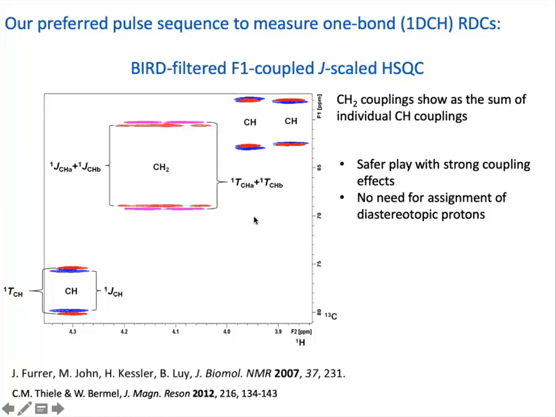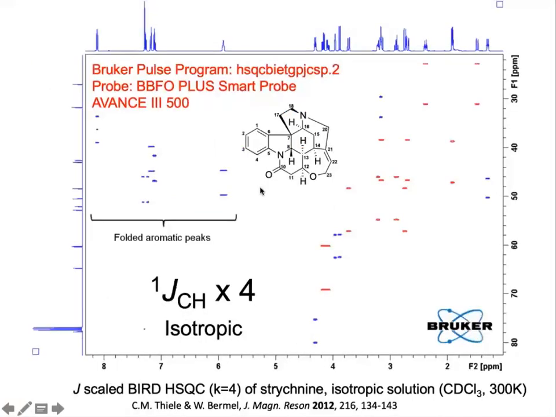This is how we do it, and also we use the BIRD filter, so we see only the 1 bond, and also we use pure shift, so we can measure them very accurately. Here is an example. This is the isotropic spectrum of strychnine inside a gel using outside the gel. So it's in isotropic solution. And you can see the splitting.